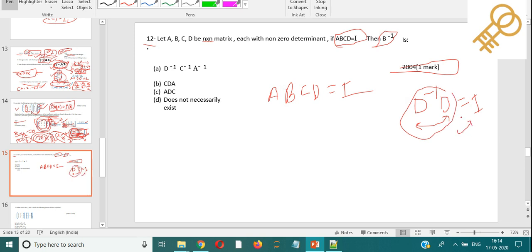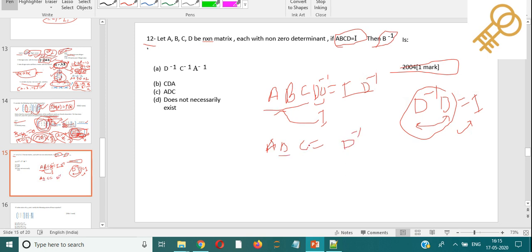It does not matter whether you multiply D inverse with D or D with D inverse. So I'm multiplying D inverse on both sides at the right hand side. Multiplying D inverse gives I, so we get ABC equal to D inverse.